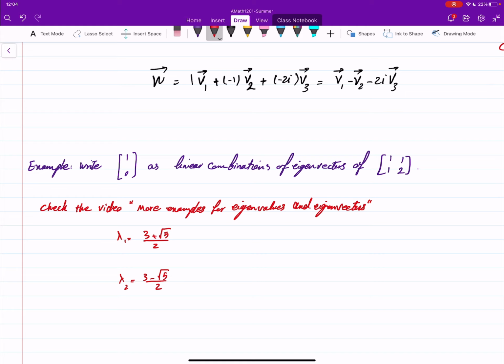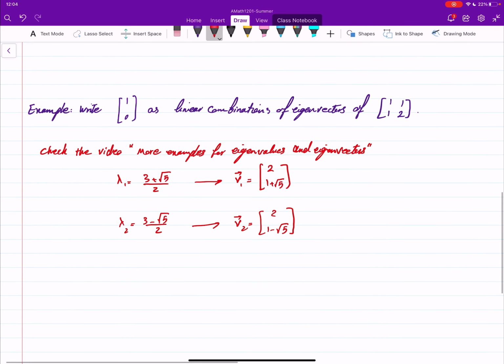Then V1, an eigenvector for lambda 1, is (2, 1 plus root 5). And an eigenvector for lambda 2 is (2, 1 minus root 5). Now I want to write (1, 0) as a linear combination of those. Those are the eigenvectors.